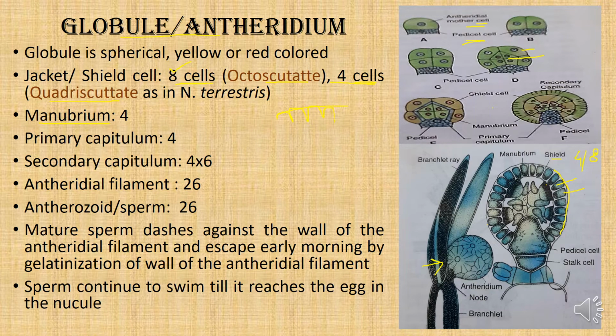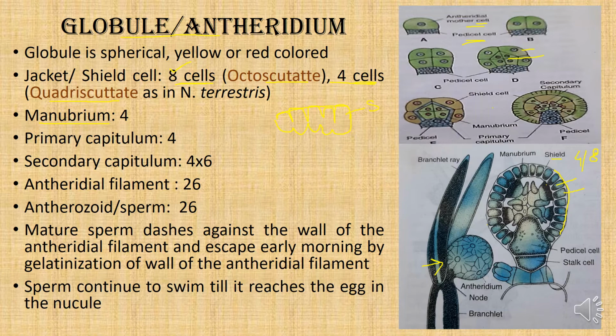It has invagination, giving an appearance that there are many cells, but these are not separate cells. These are a single shield cell. By invagination of the cell wall, it forms this structure that gives an illusion of being many celled, but this is only a single cell.